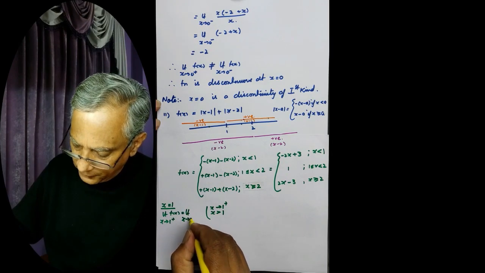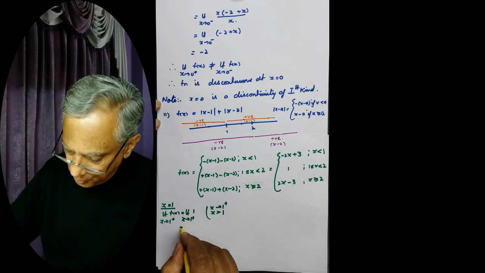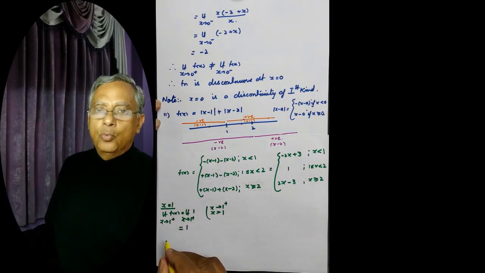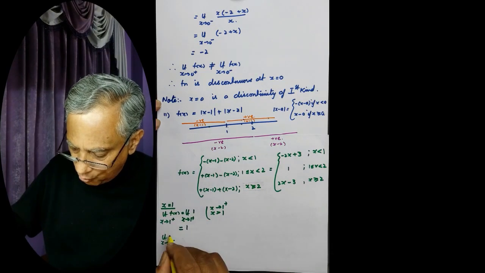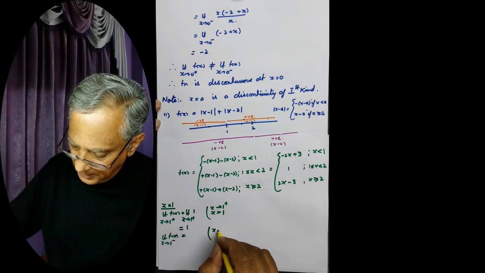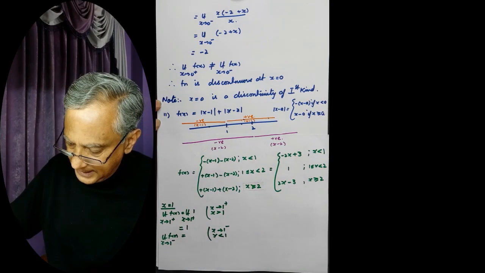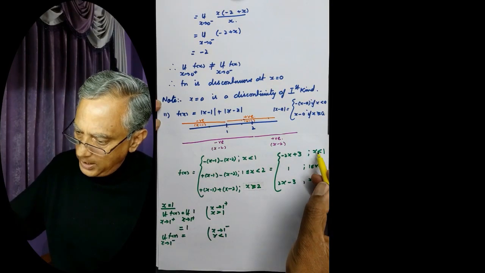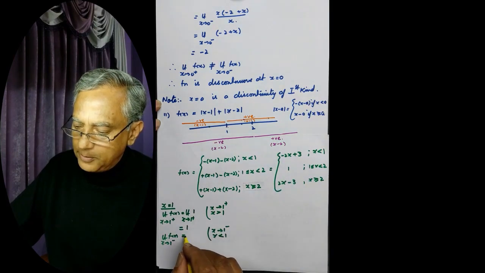So the definition of the function will be this one. So it is 1, and so the value of this limit is 1. And limit as x approaches 1 from the negative side, f(x) is equal to, now x approaches 1 from the negative side means x is less than 1, so the definition will be this.